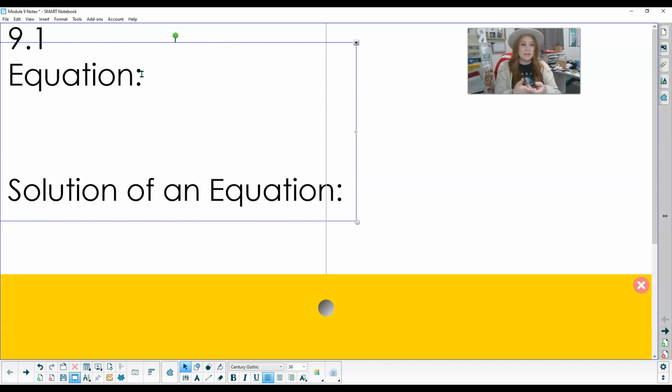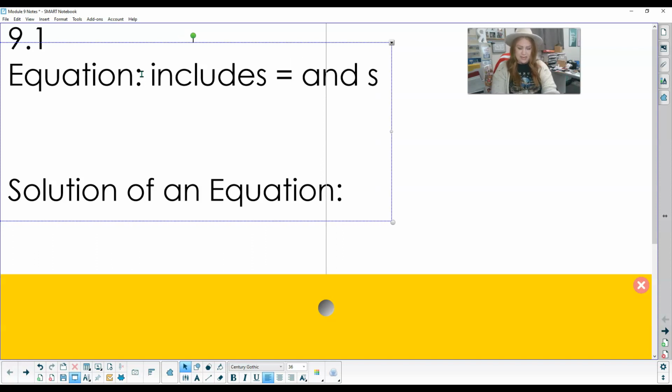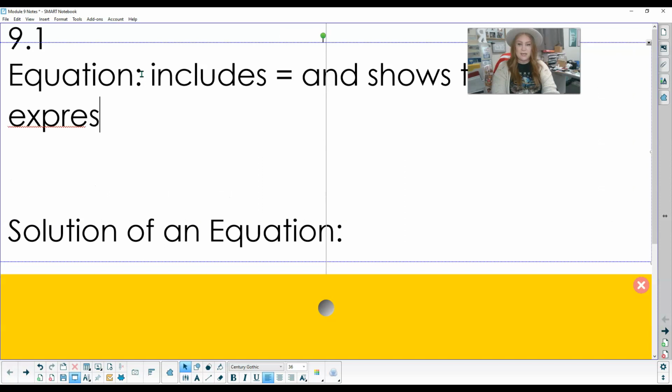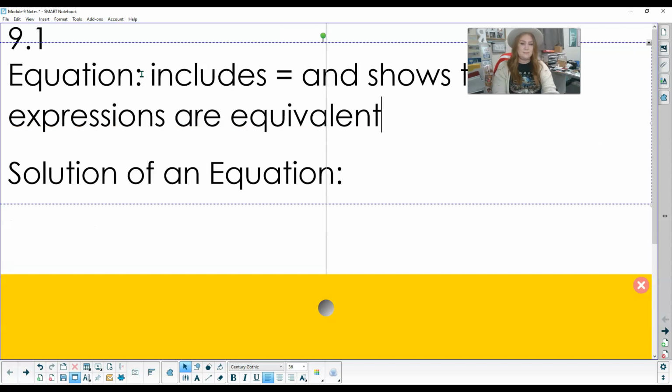And it doesn't always have to be an answer, right? I could say 4 plus 7 equals 11. I could say 10 plus 1. That's an equation. It just has to be the same and balanced on both sides. So an equation includes an equal sign and shows that two expressions are equivalent.